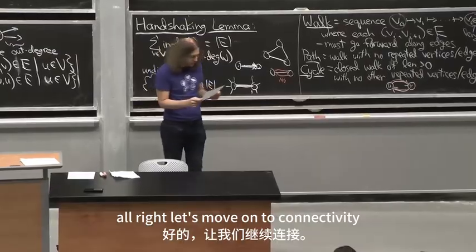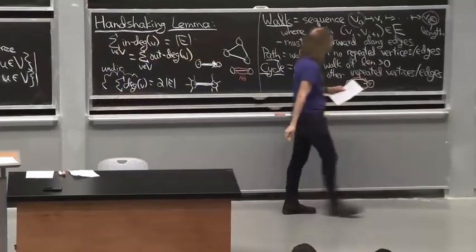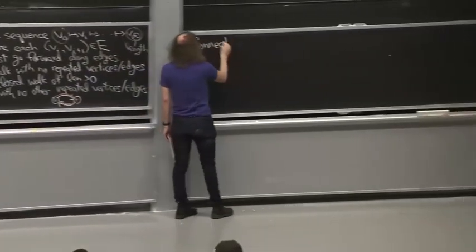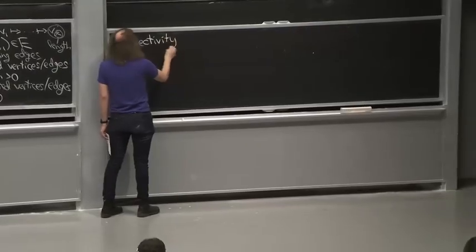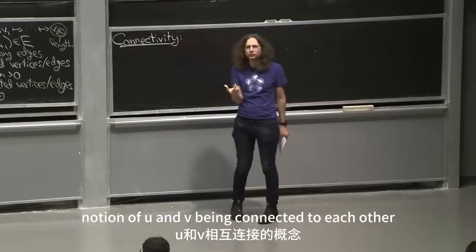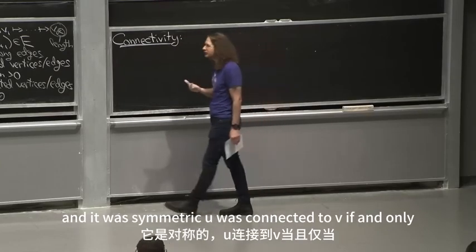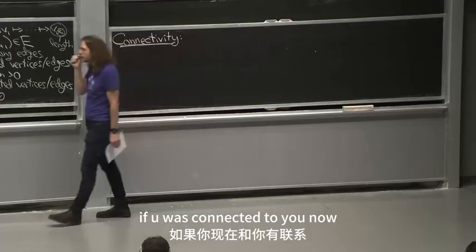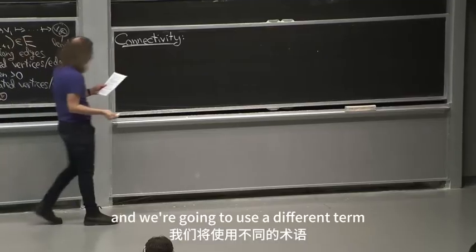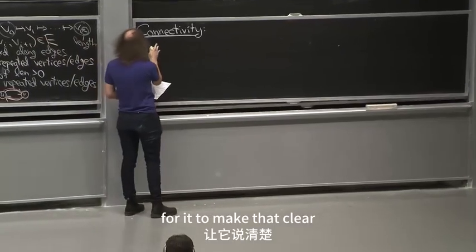All right, let's move on to connectivity. Before, we had a nice notion of u and v being connected to each other, and it was symmetric. U is connected to v if and only if v is connected to u. Now it's no longer symmetric, and we're going to use a different term for it to make that clear.